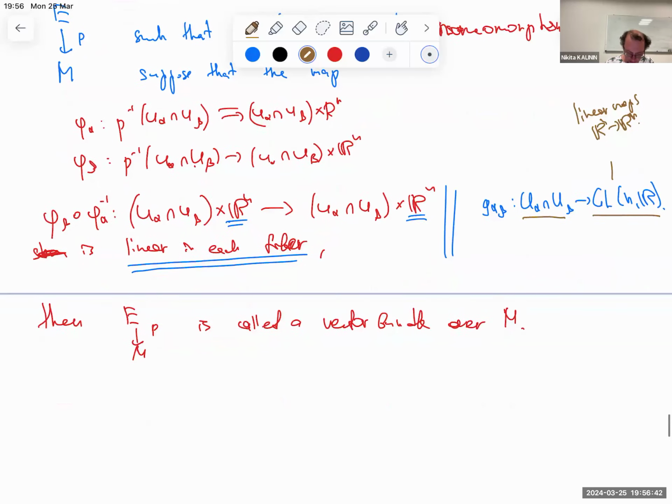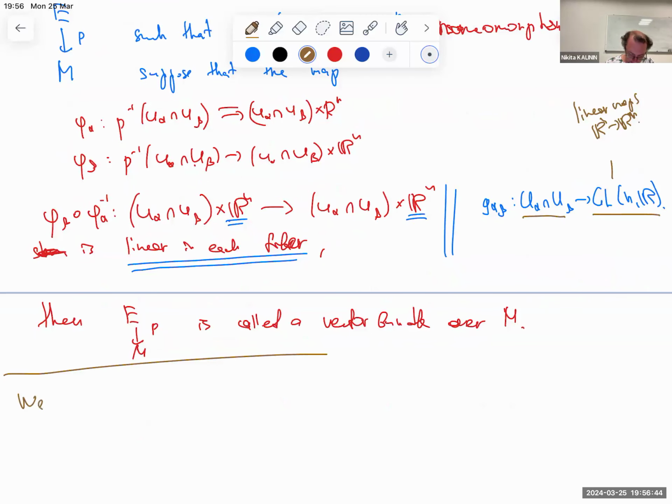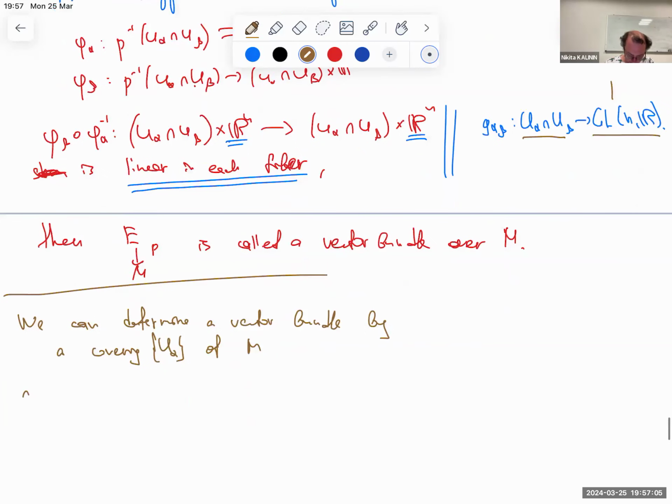And so it means that we can determine a vector bundle by a covering U alpha of M and so-called transition maps.